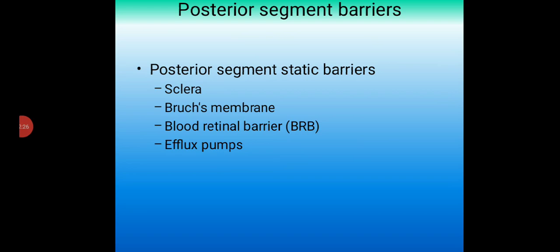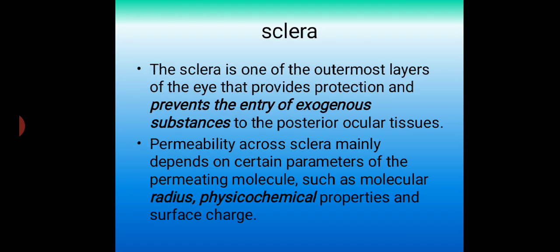Now, what are the posterior segment barriers? This is the classification of posterior segment static barriers, which includes sclera, Bruch's membrane, blood retinal barrier, and again the efflux pump. Let us discuss one by one.